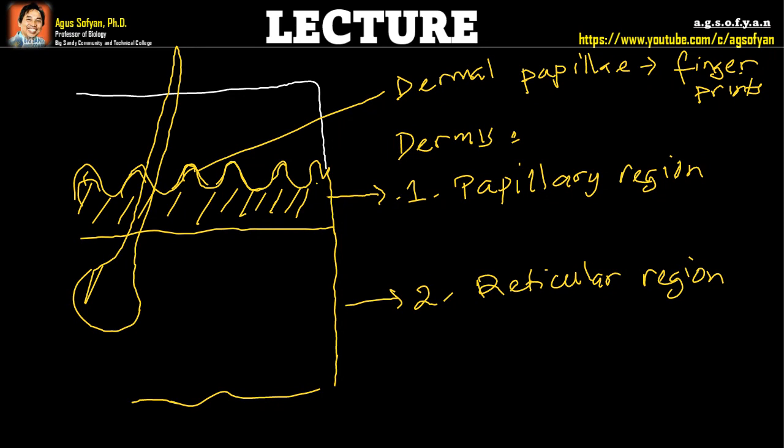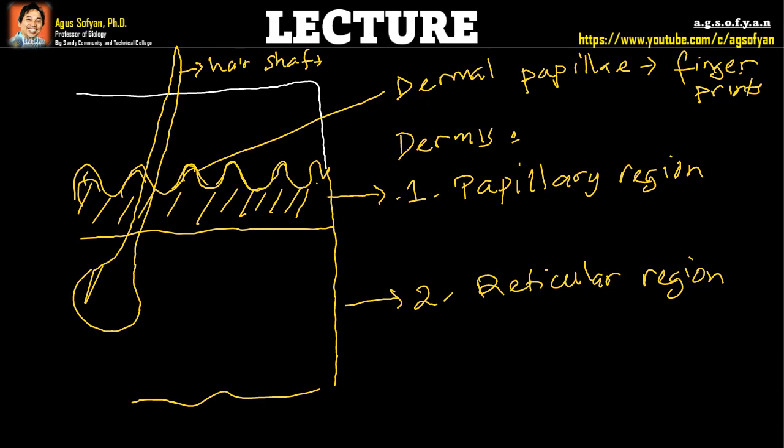And the hair will consist of the longest part, called the hair shaft, which is the part of the hair that we see. So this hair shaft actually consists of dead cells.